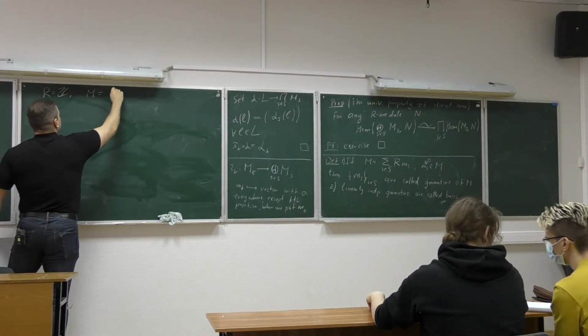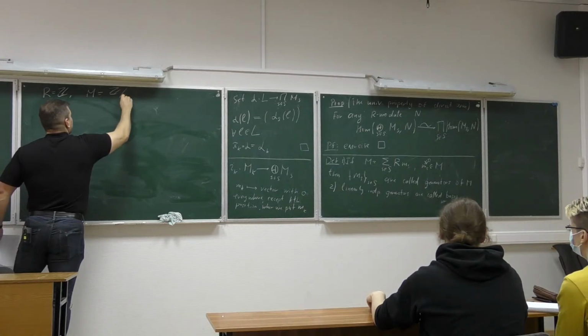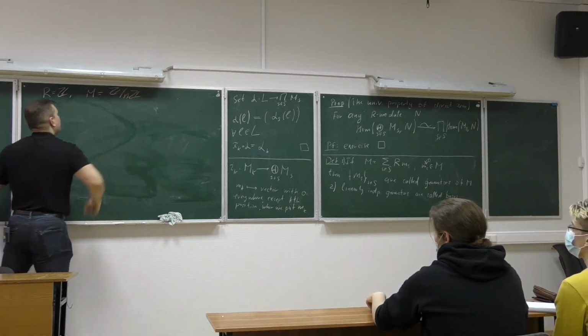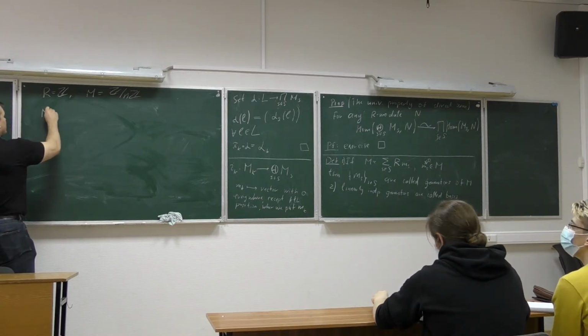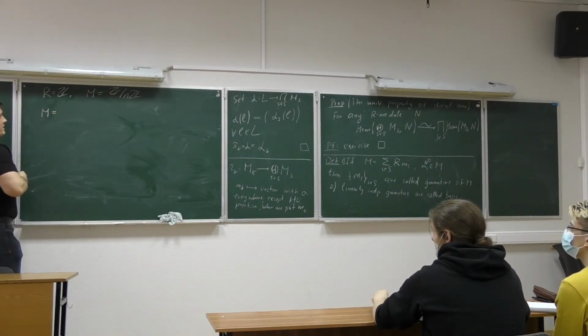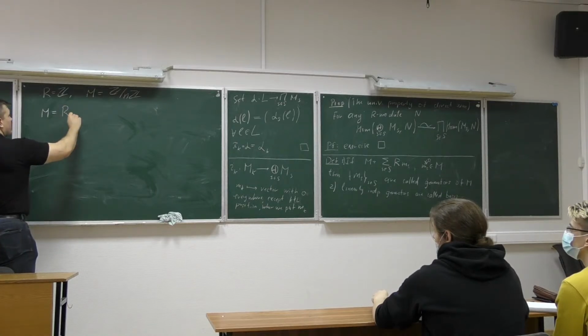So the example is the following. If I want to say that this M is generated by something, the element that I want to consider is the class of 1, right?